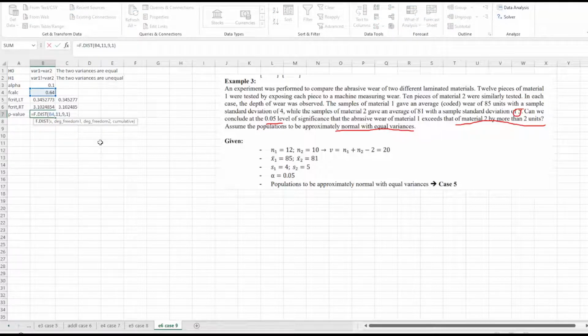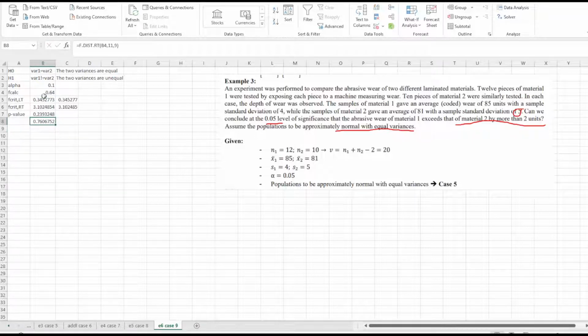I'm trying to check, no? Let me double check. Kasi kung p-value, should I multiply this by 2? Because it is from the left tail. Let me double check. Kung F.DIST.RT, let's do 11 and 9.